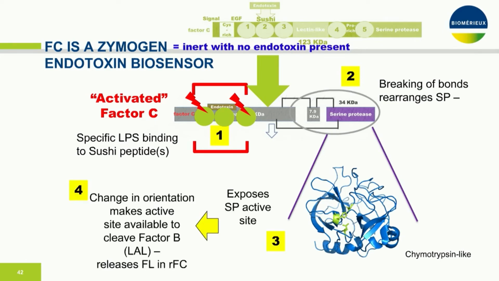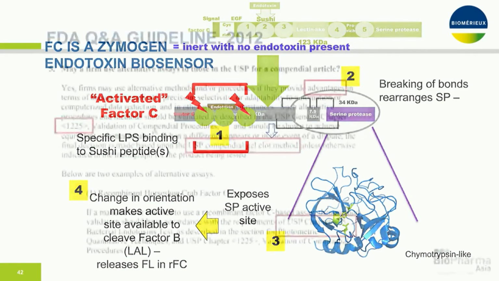Exposes a serine protease active site, which makes the active site available to the next factor in the cascade, which here is factor B. The only difference being in the RFC test, it releases the fluorophore instead of activating another cascade part.